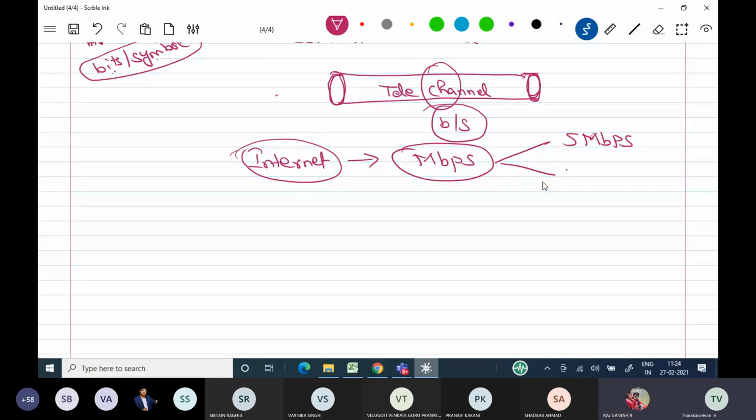We didn't reach that speed actually. Singapore, what is the data rate? Something like 250 Mbps maybe. 250 Mbps can be achieved in which country? But not all the time.